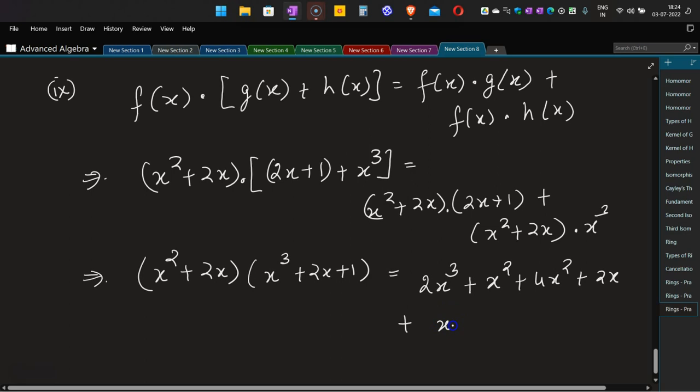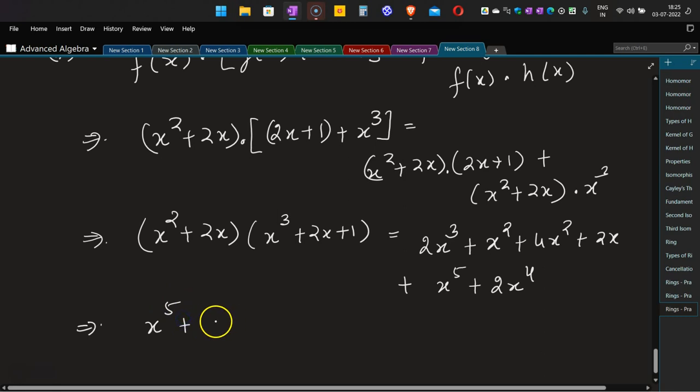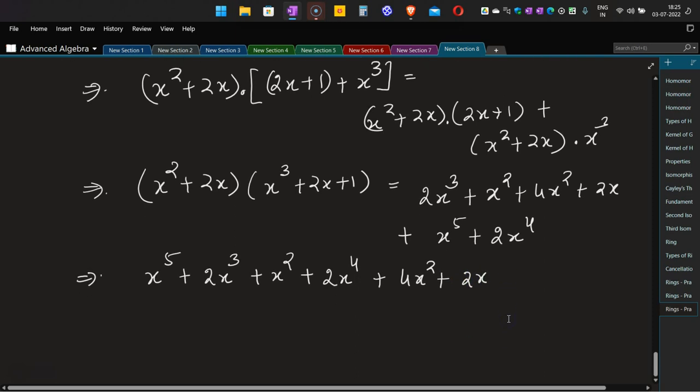plus x5 plus 2x4, x to the power of 5 plus 2x4 plus 2x cube plus x square plus 4x square plus 2x is equal to 2x cube plus x square plus 4x square is 5x square plus 2x plus x to the power of 5 plus 2x to the power of 4.